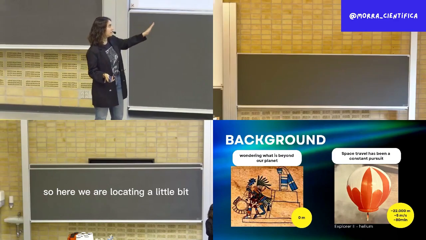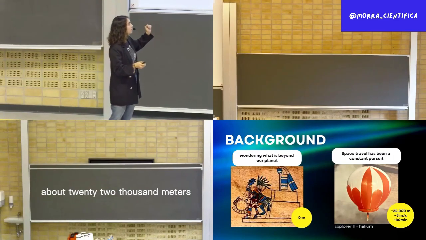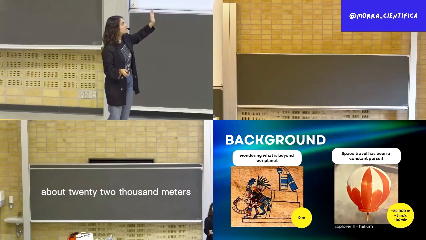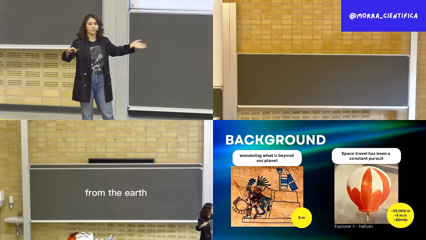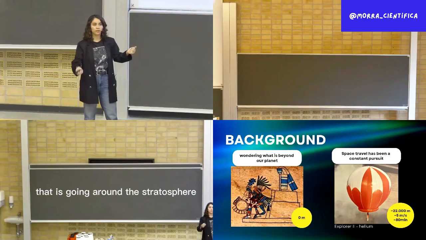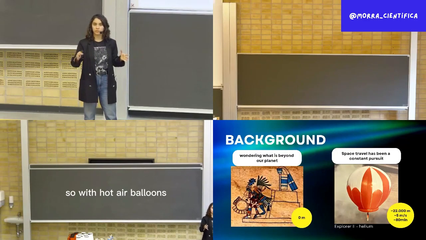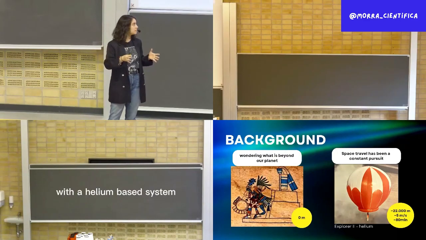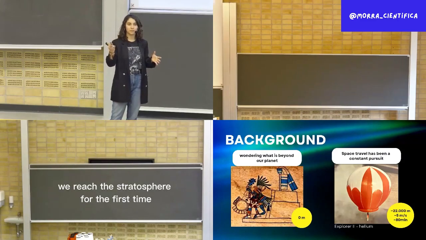So here we are at about 22,000 meters from the Earth, around the stratosphere. With hot air balloons, with a helium-based system, we reached the stratosphere for the first time.